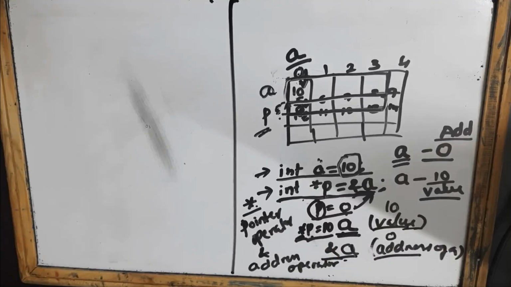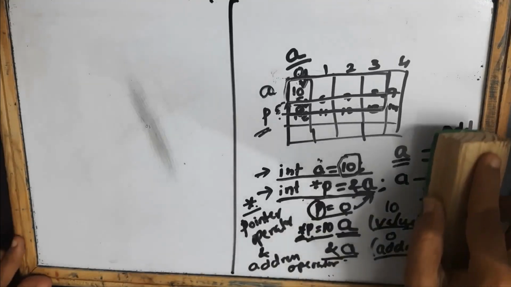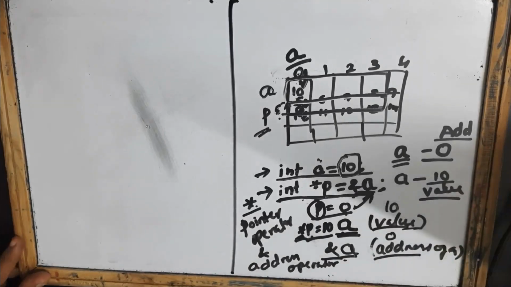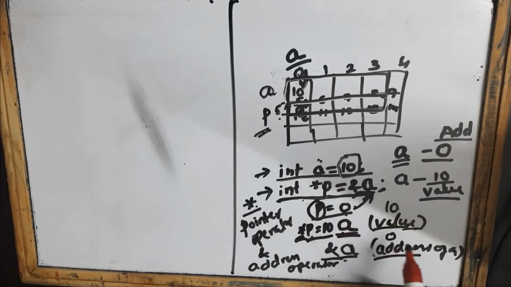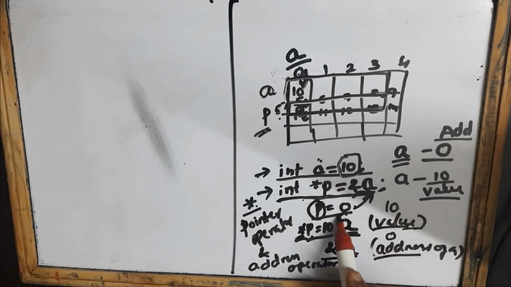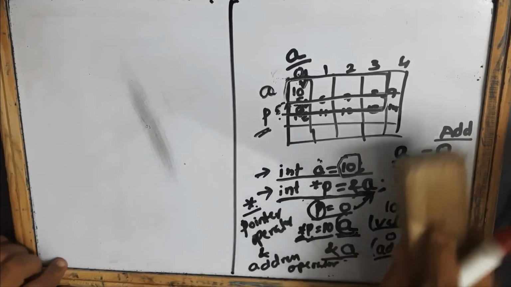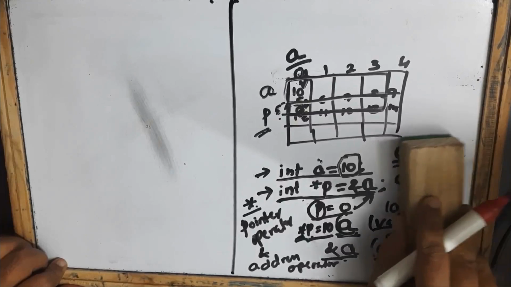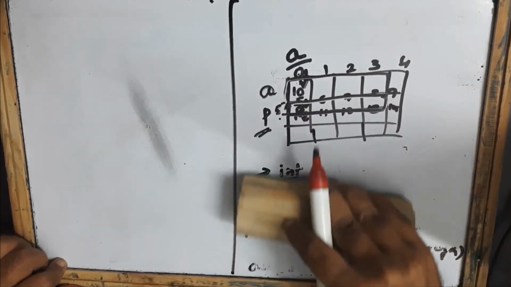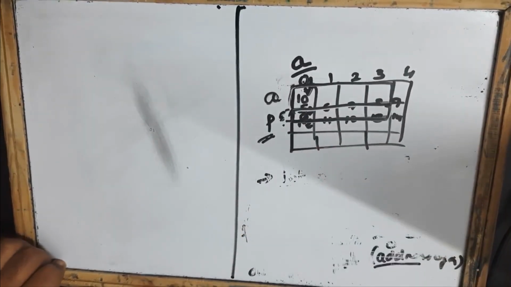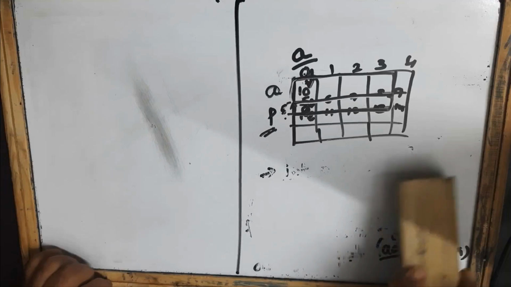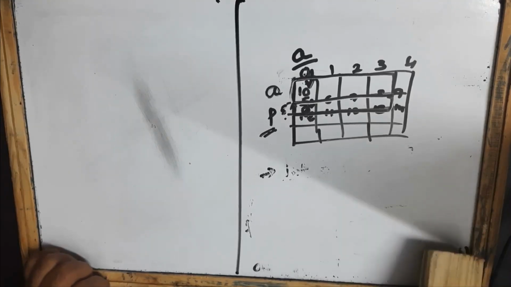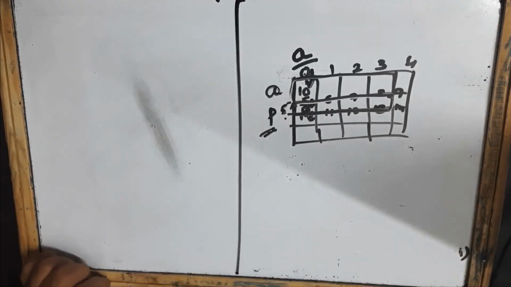So this is the basic of how a pointer can be used. When you use just A, let me erase and write it properly for you. In total, 4 different combinations are possible.